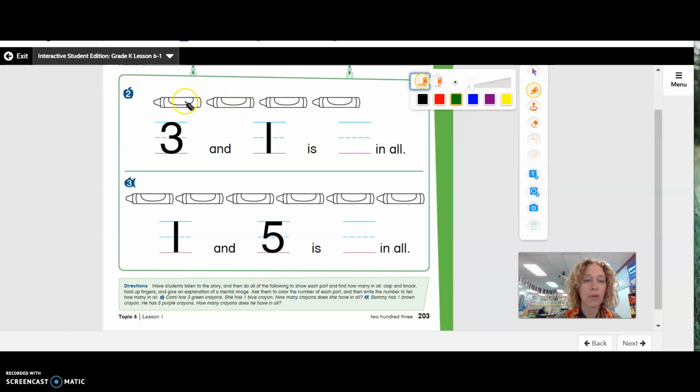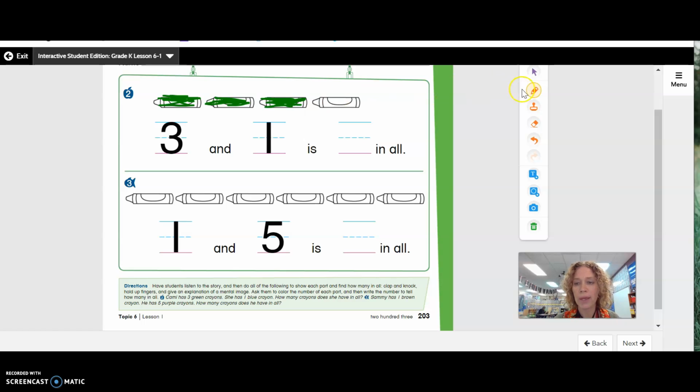So you're going to have to get out your green crayon and color 3 green. 1, 2, 3, because that's how many are green. And we have 1 that is blue, okay? So I'm going to get my blue crayon out, and I'm going to color that blue.